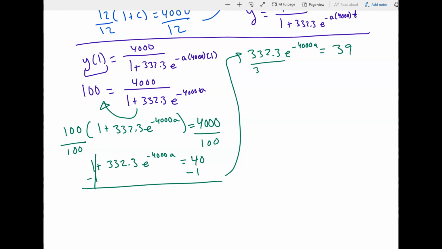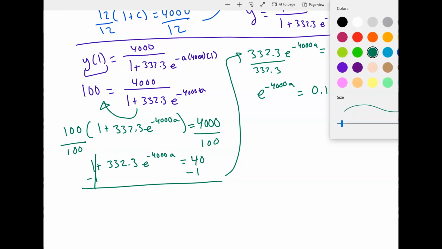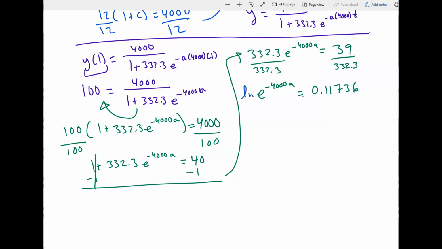I'm going to divide by 332.3, so I have e to the negative 4,000a is equal to 0.11736. Then I take the natural log of both sides, so negative 4,000a is equal to the natural log of 0.11736.